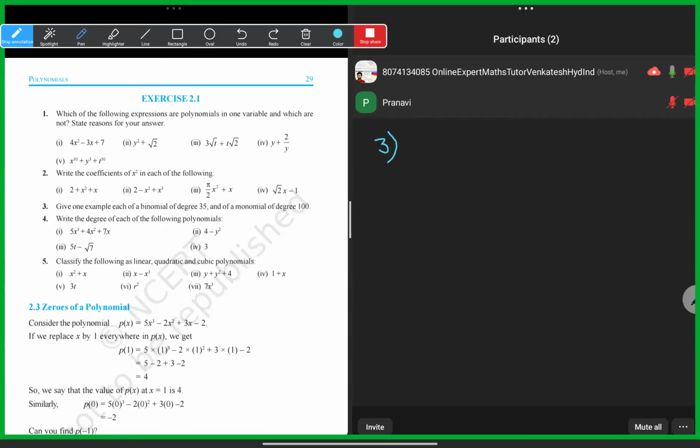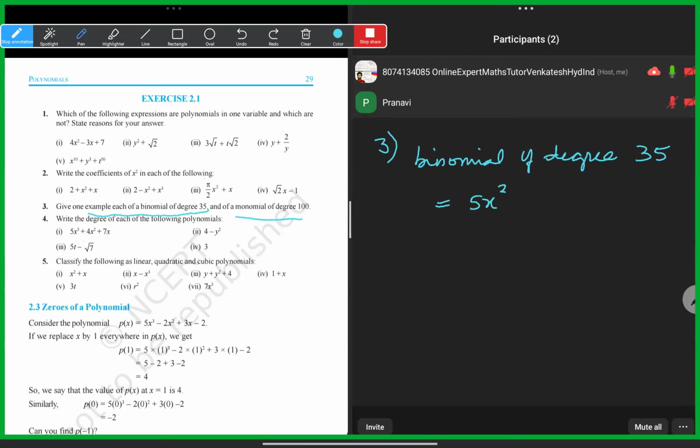So one example of a binomial of degree 35.